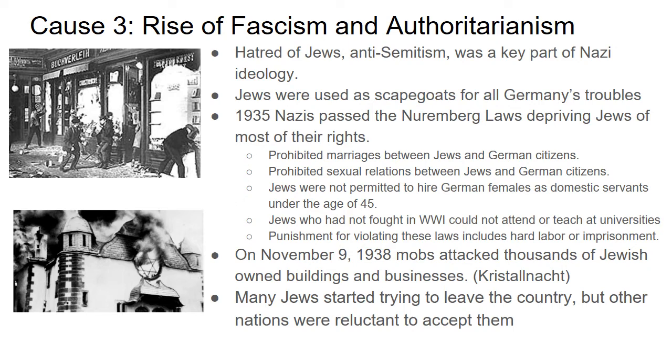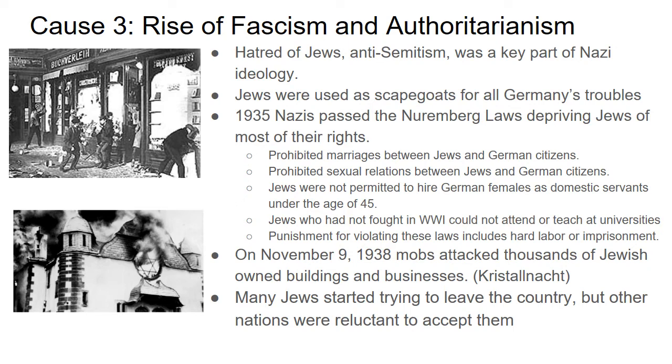The first time this really escalates into widespread violence is on October 9th of 1939, when a Jewish man assassinates a German official in Paris. And as a result of this, mobs of angry Germans, including members of the Nazi Party, attack thousands of Jewish-owned buildings and businesses, as well as anybody walking down the sidewalk that they believed was a Jew.